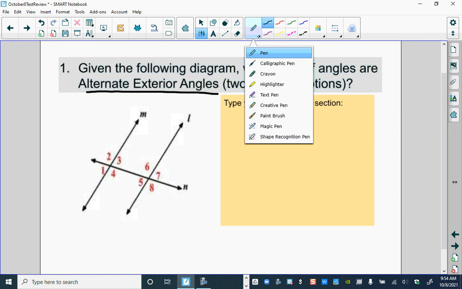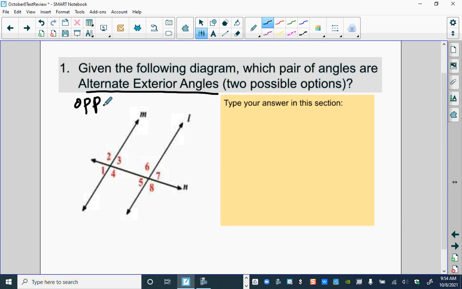Is alternate the same side or opposite side? Anybody remember? Opposite, that's right, Zoe. That's right, Jason. Alternate means opposite. And then what does exterior mean? Inside or outside? Say it. Outside. Outside. Opposite, outside. Remember, we can say outside, inside, outside.